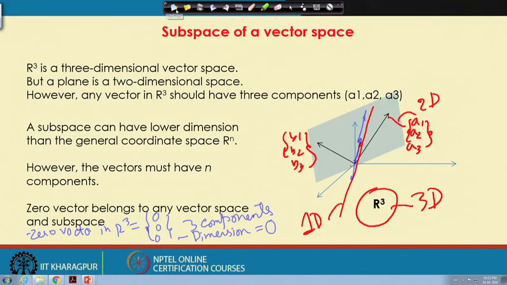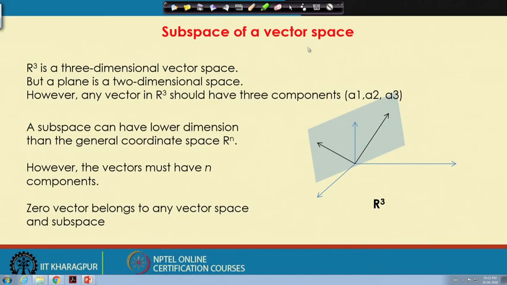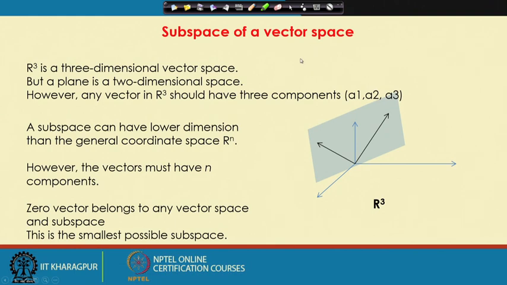A subspace may have lesser dimension, but the number of components in that vector must come from the dimension of the real coordinate space, which is the mother of all these subspaces. And the 0 vector becomes the smallest possible subspace. The 0 vector is itself a subspace.